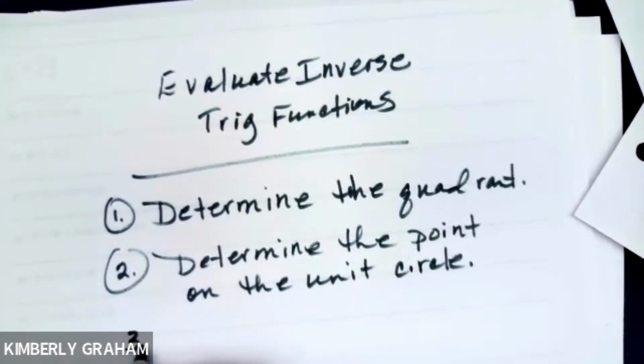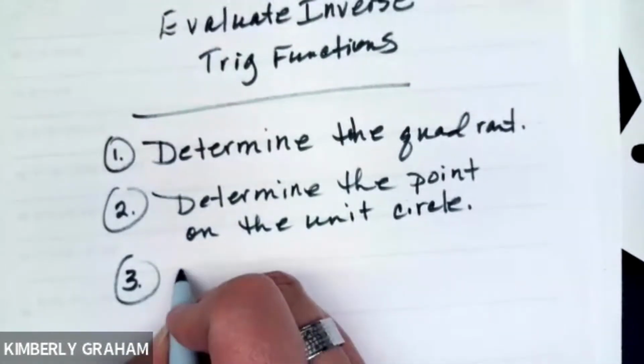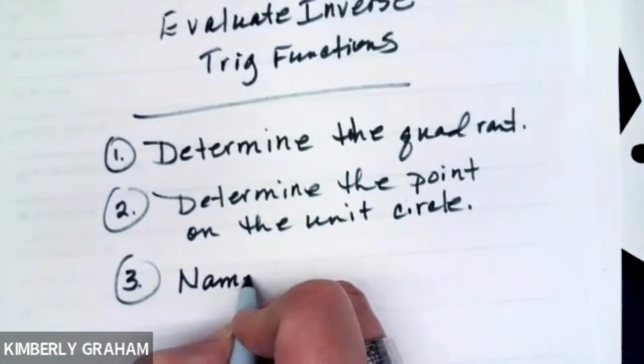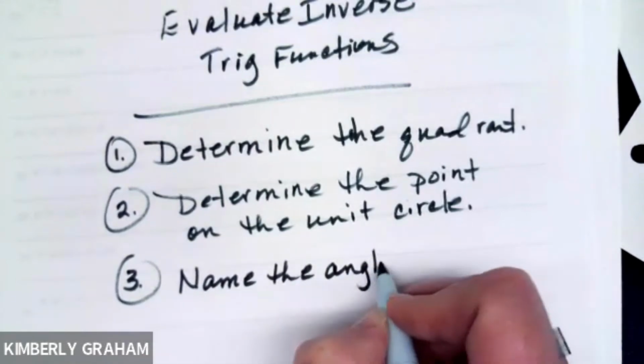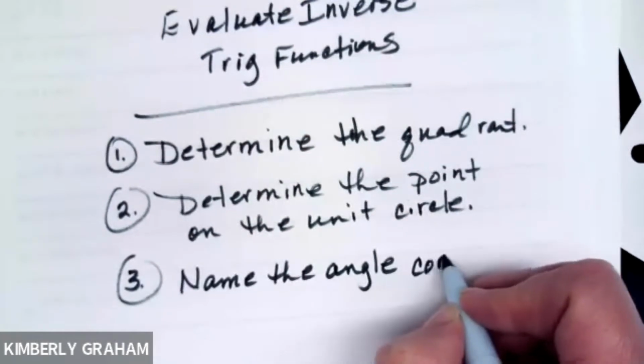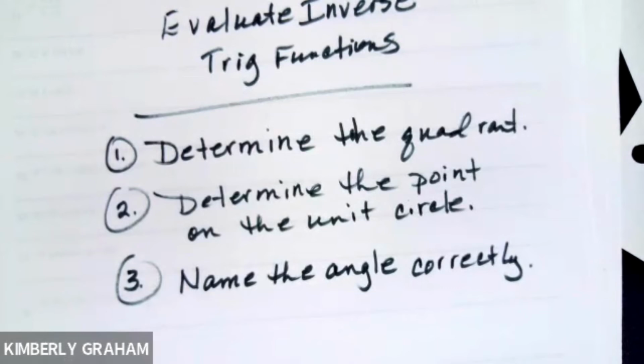And then step 3, which may seem kind of an odd step, is to name the angle correctly. Okay. Determine the quadrant, find the point on the unit circle, and then be sure we're naming the angle correctly. Those are my 3 steps.